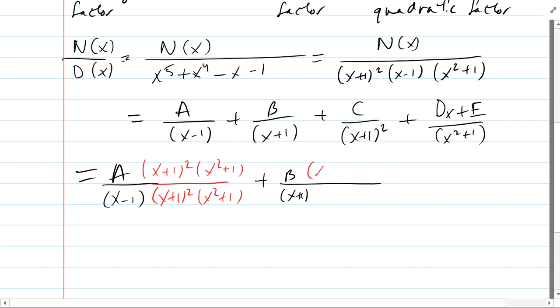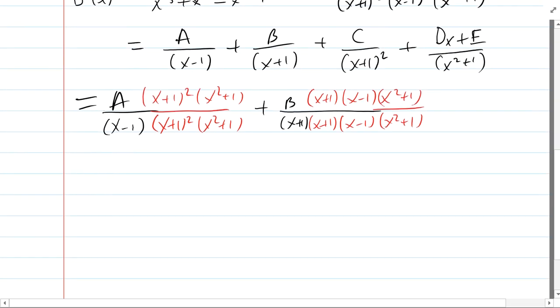Okay, so for the B term, it's missing an x plus 1, it's missing an x minus 1, and it's missing an x squared plus 1. Agreed? All right, and then there's c over x plus 1 squared, sorry.